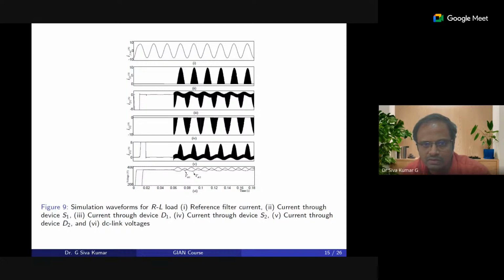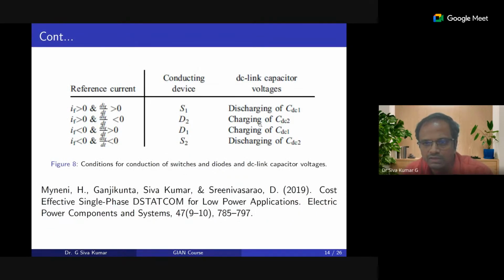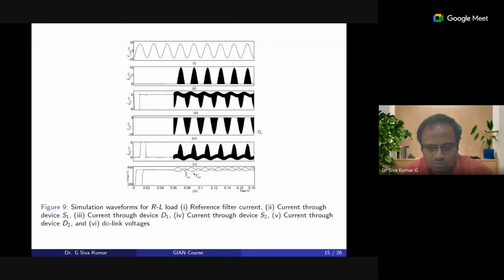This positive cycle is the charging of CDC2. Somewhere here it should be charging. It should be VDC2 and VDC1.